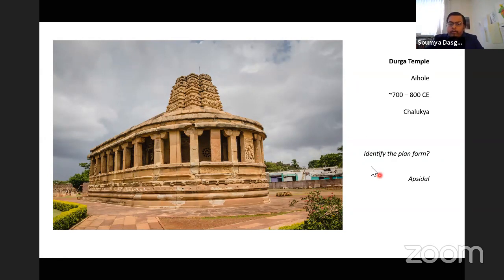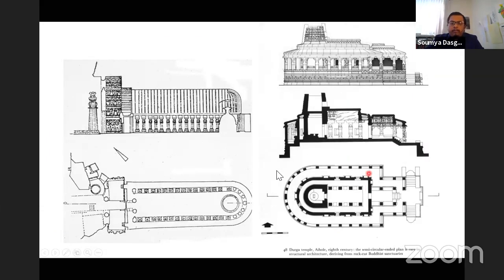the important thing that I want to draw a comparison of is that if you look at the Chaitya halls, which are rock-cut Buddhist worship places, parts of the Buddhist monastery tradition, a picture of which I showed you in the very beginning when I was talking about the early influences, this entire structure is cut from a rock. You find this plan form has a direct influence on the plan form of the Durga temple, right?